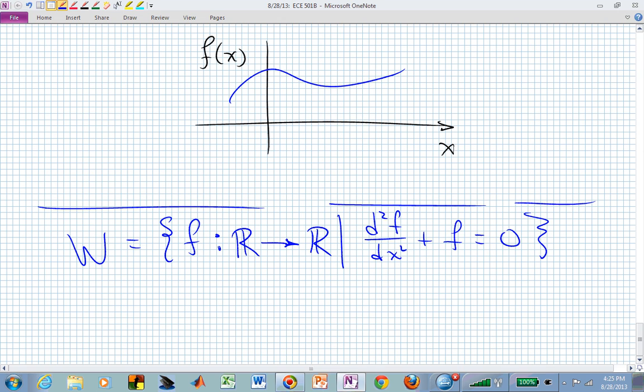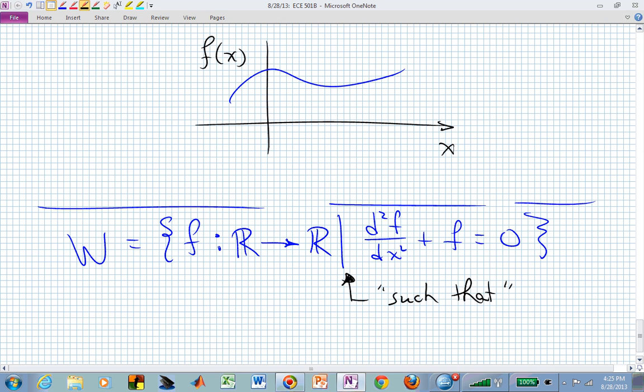Go ahead. Yes, so the question, I think, was, what is this vertical bar? It's a vertical line. That doesn't help much, does it? But that just means we want to have functions such that they satisfy this differential equation.